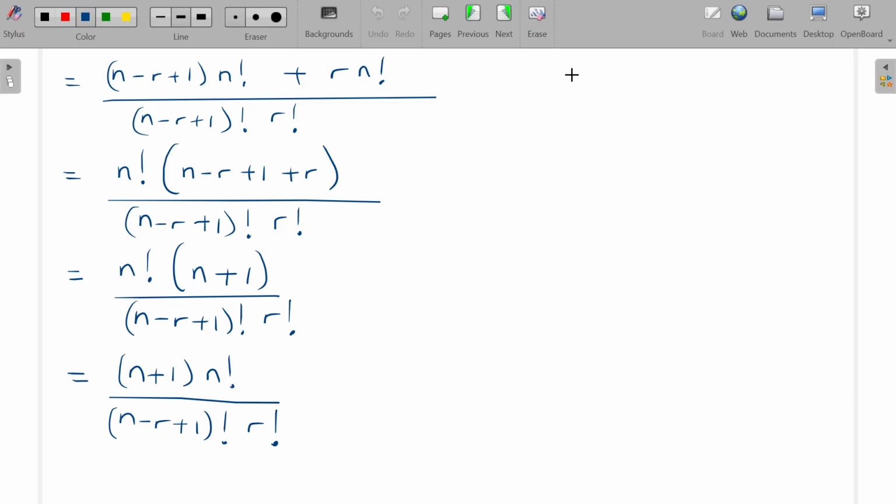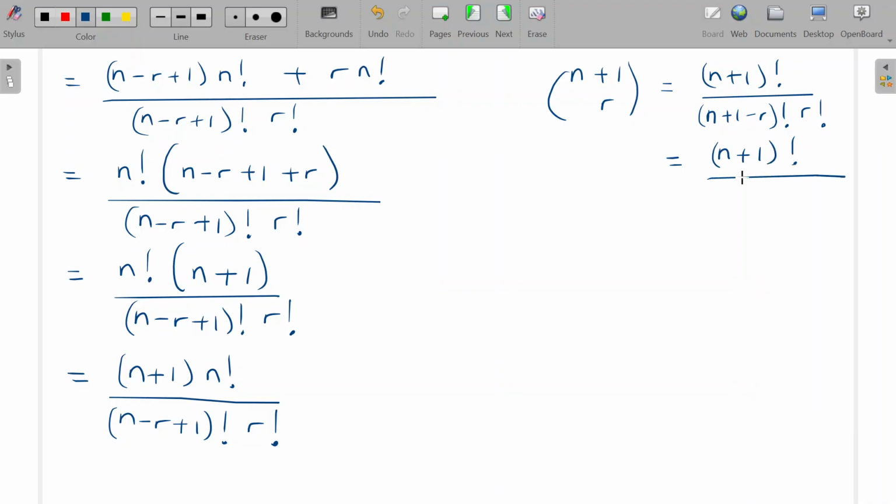So when I expand this, I'm going to get n plus 1 factorial over n plus 1 minus r factorial r factorial, which is just the same as writing it as n plus 1 factorial over n minus r plus 1 factorial r factorial.